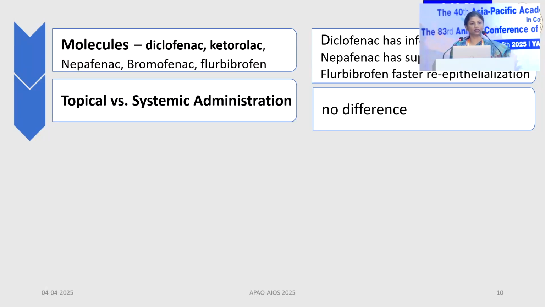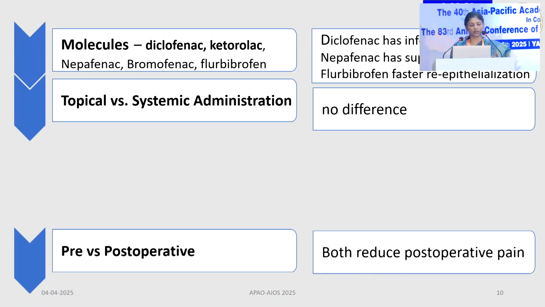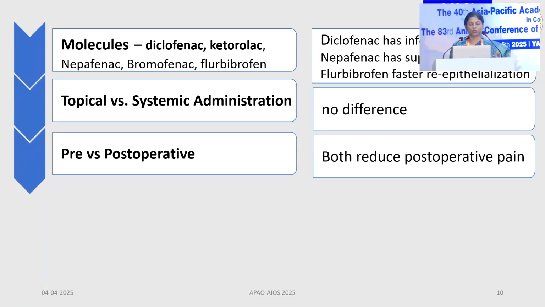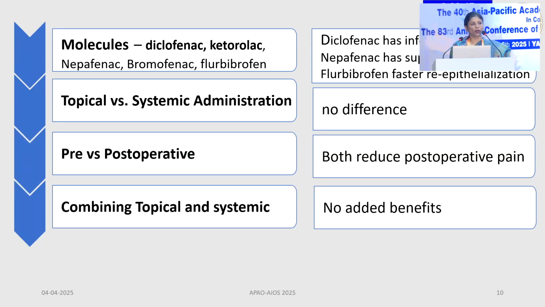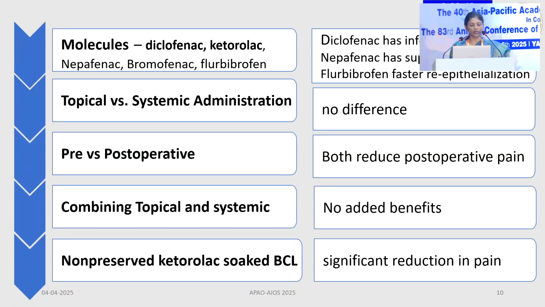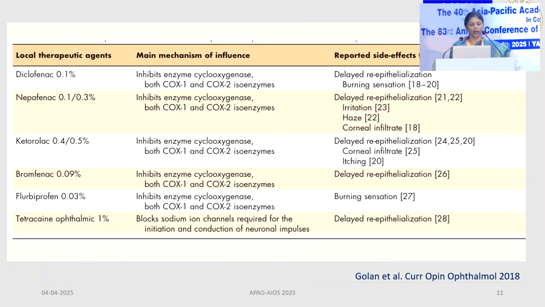Majority of studies don't support this. Now, pre versus post, both reduce the post-operative pain. Combining topical and systemic NSAID is not going to give any added benefits. And there is a recent study from the NN group using the non-preserved ketorolac soaked BCL, which significantly reduces the pain.